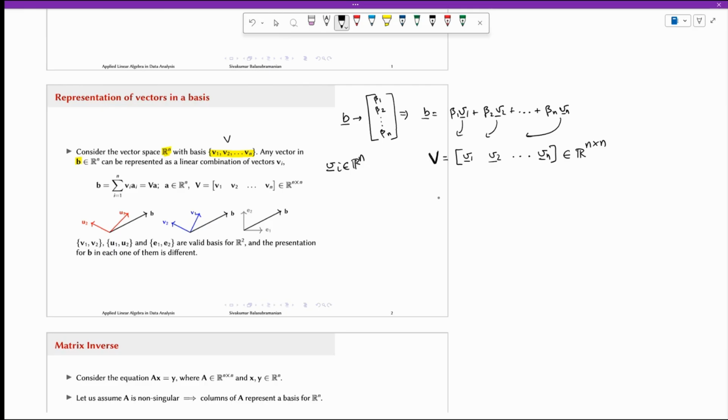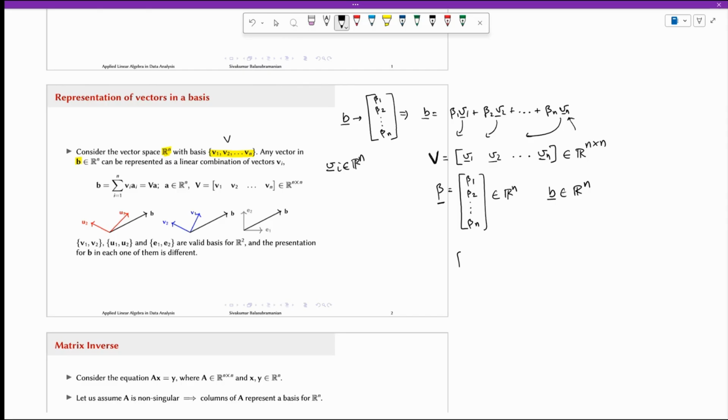Let's say I take beta and I write it as beta 1, beta 2, and so on. This is another vector from Rn. I know b is from Rn, and I know the relationship between beta 1 to beta n and V is given by this.